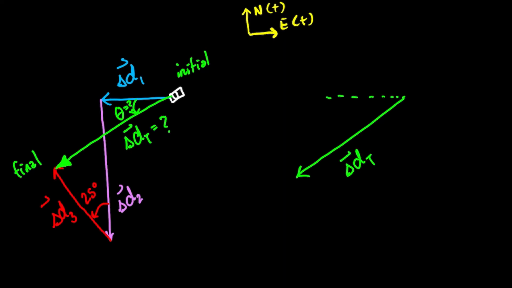Notice that here, the x component is towards the left, and the y component is towards downwards. We can call them delta Dtx and delta Dty. And again, we're going to use the angle theta from west towards south.